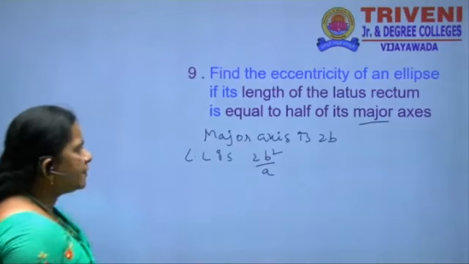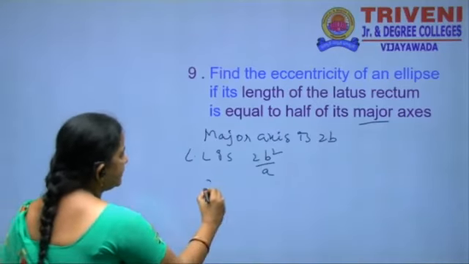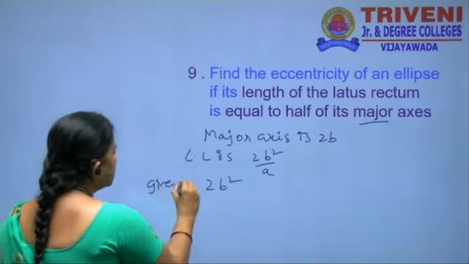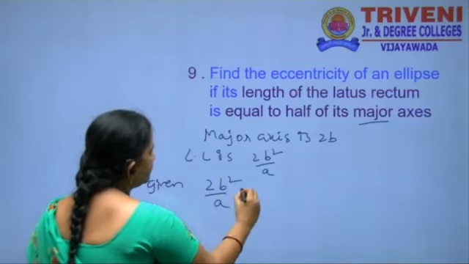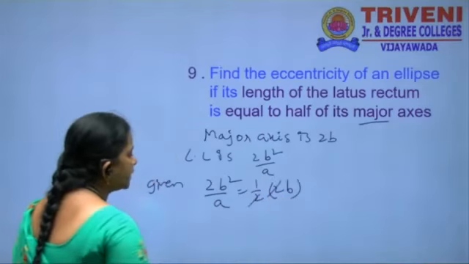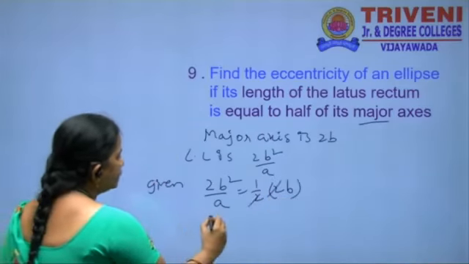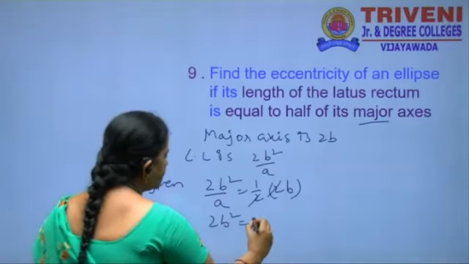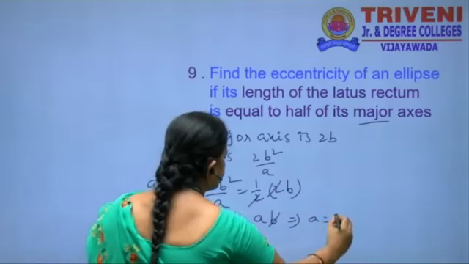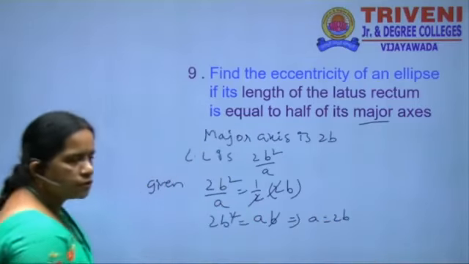These two are equal, as given: 2b square by a is equal to half of the major axis, that is 2 gets cancelled here. 2b square is equal to ab. Here b cancels. A is equal to 2b.